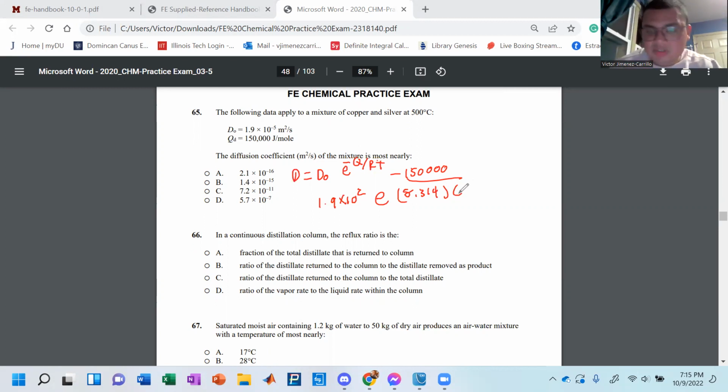So turn that plus 273. Okay, and once you plug all of that into your calculator, you get an answer of 1.4 times 10 to the negative 15. Easy enough.